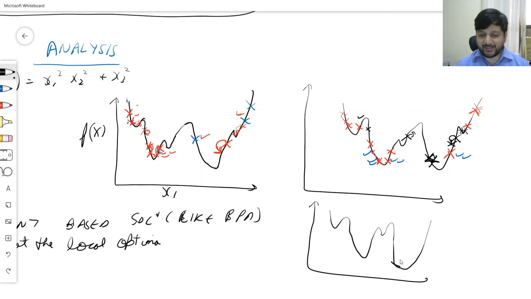You've got another individual which is more competitive. It produced two children, last time luck favored, and this time out of two children, one got better. And there are individuals which are almost at the local optima, and there are too many individuals here because they got selected many times and mutation made it even better.